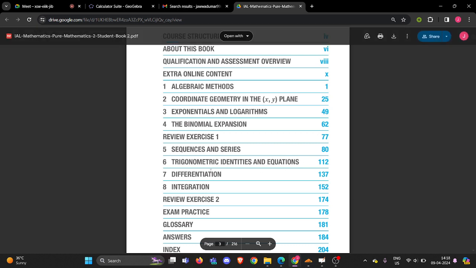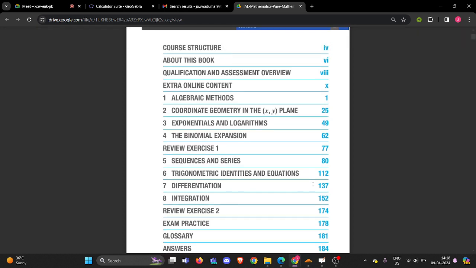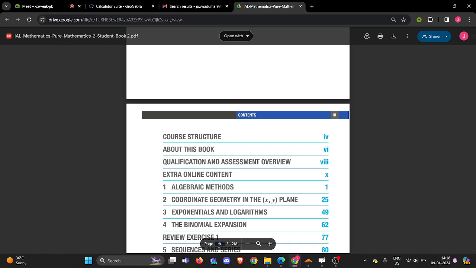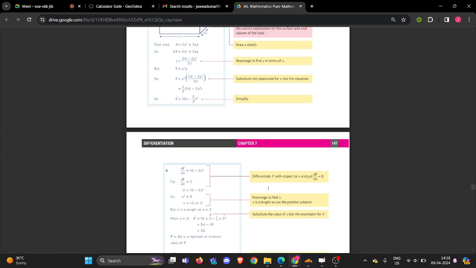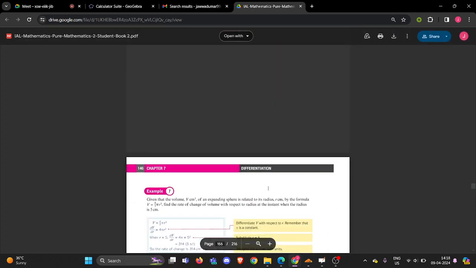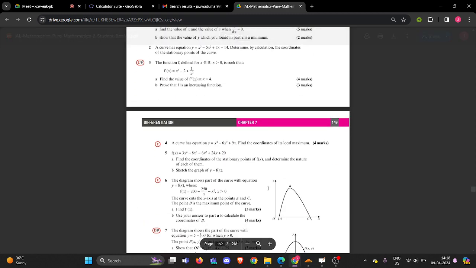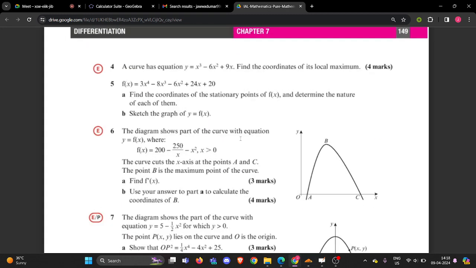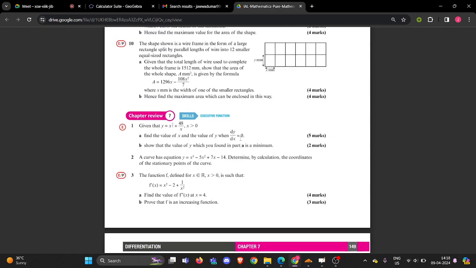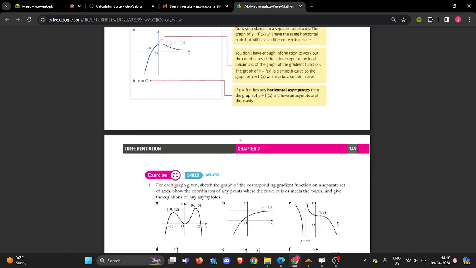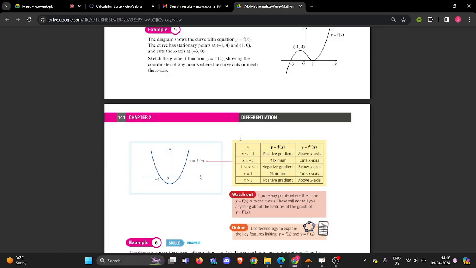There's differentiation in this as well. So here are the questions related to maxima and minima, modeling with differentiation.